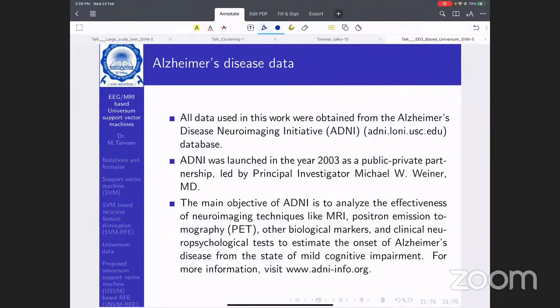The main objective of this data is to analyze the effectiveness of neuroimaging techniques like MRI, positron emission tomography like PET, and other biological markers and clinical neurological tests to estimate the onset of AD from the state of MCI, mild cognitive impairment.